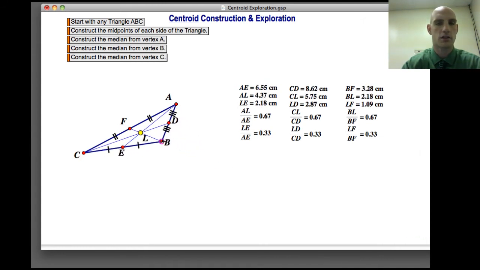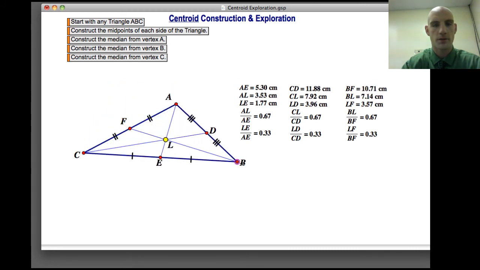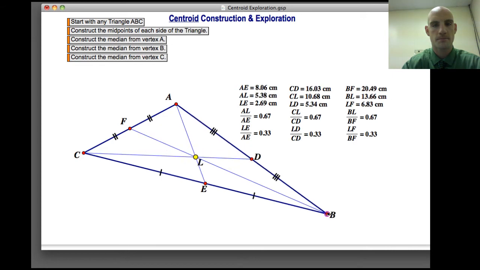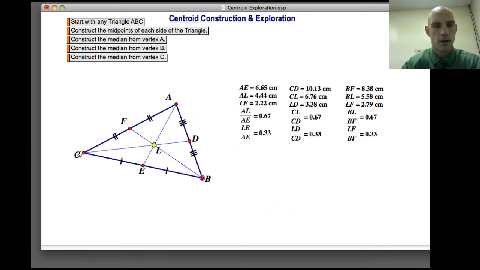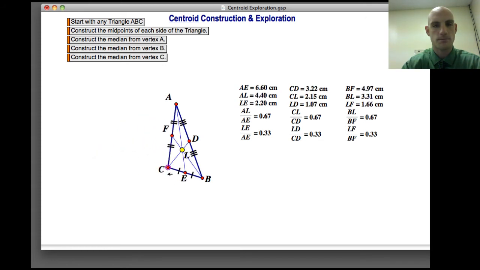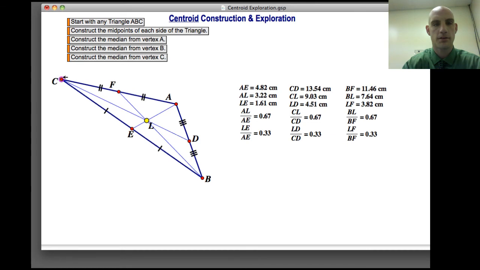What if I cross it over? Make it really, really small. Ratios stay the same. What if I exaggerate and make it really big? Ratios are still staying the same, all of them. What if I grab on point C? See the ratio staying the same? See how I'm moving it around?